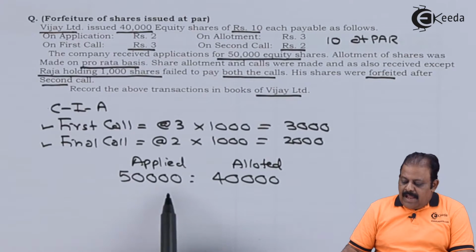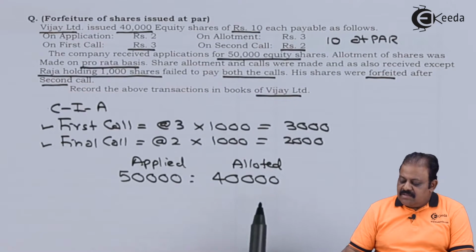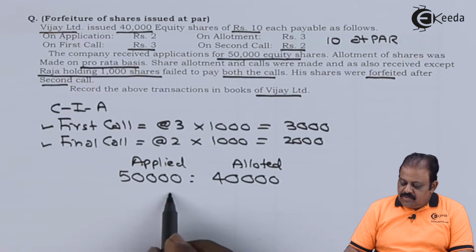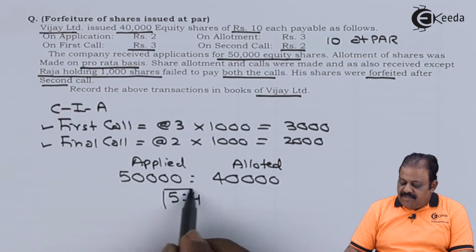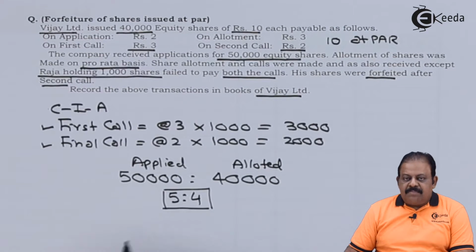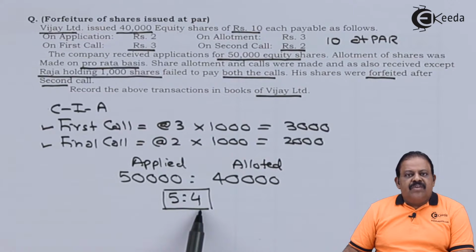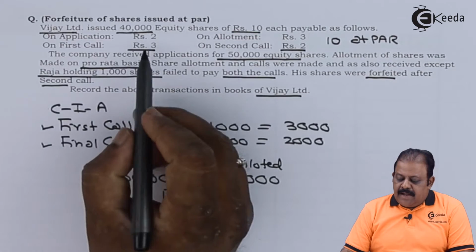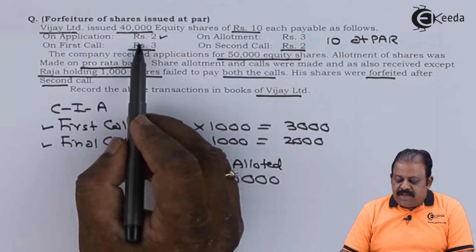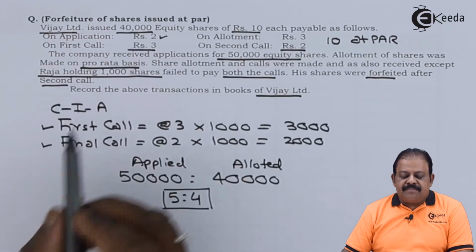The company received applications for 50,000 shares and it has to allot 40,000 shares. So pro rata allotment will be in the ratio of 5:4. That means if a person has applied for 5 shares, 4 shares will be allotted to him. On application, every shareholder has to pay rupees 2 per share.